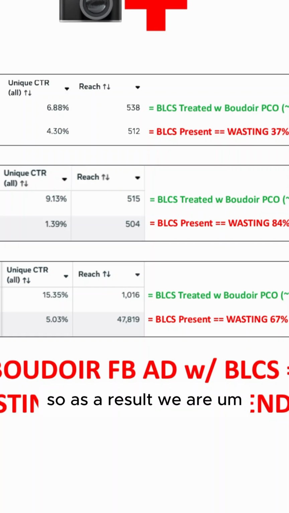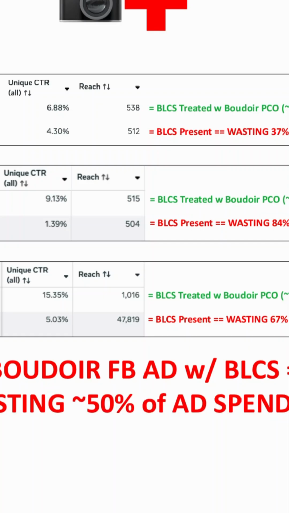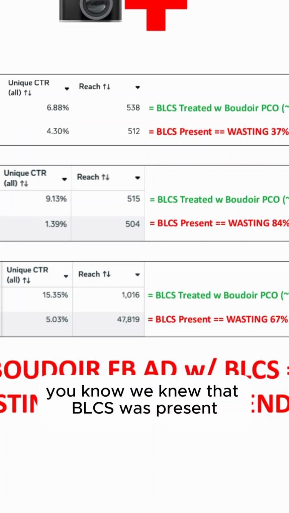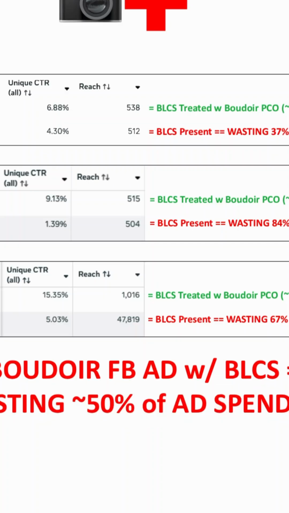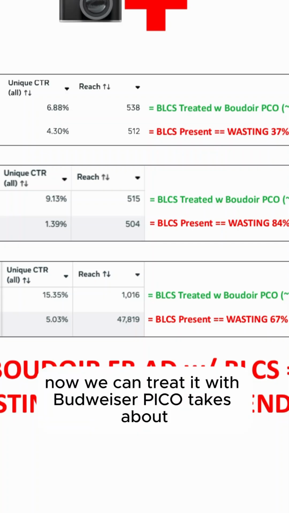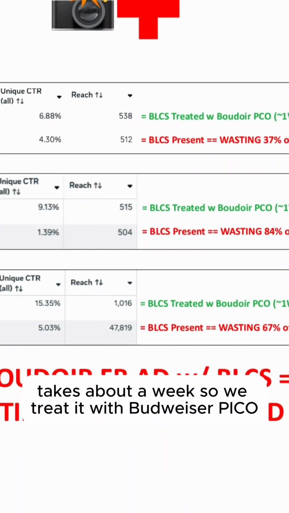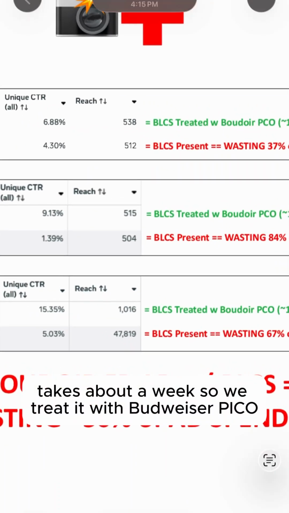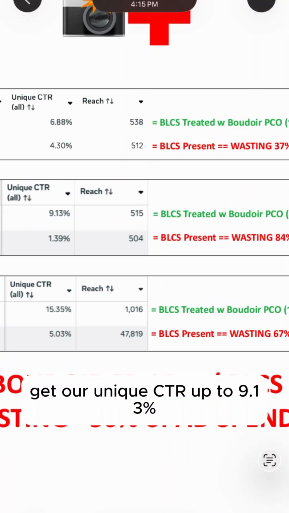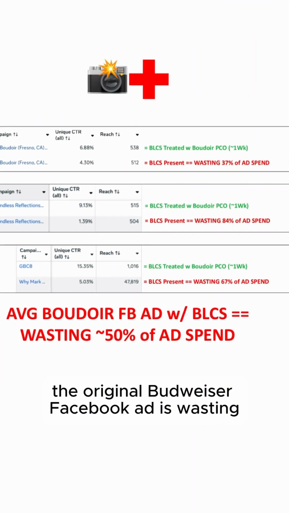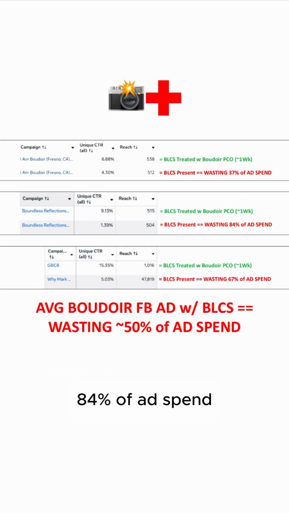So we knew that BLCS was present, and now we can treat it with boudoir pico. Takes about a week. So we treat it with boudoir pico, get our unique CTR up to 9.13%, and we found out the original boudoir Facebook ad is wasting 84% of ad spend.